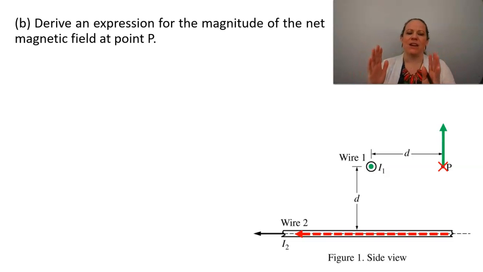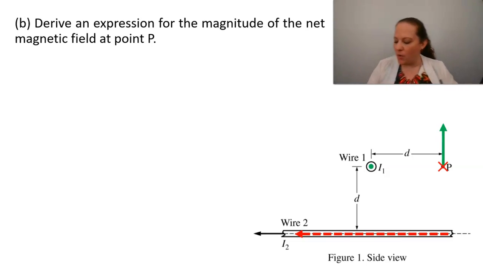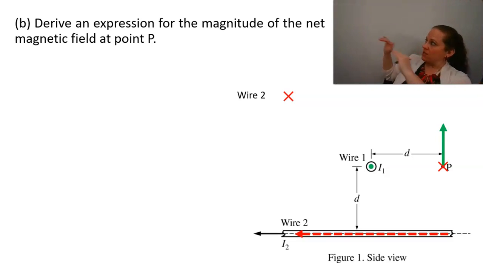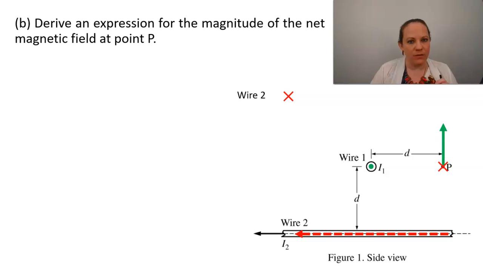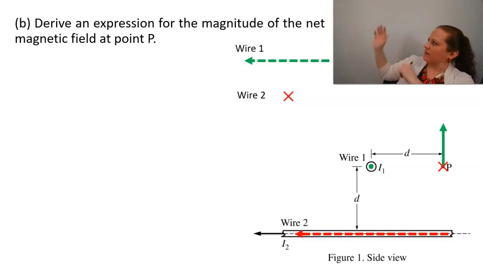So now take this diagram, and we are going to rotate our view so that we can see point P close to us, wire 1 in the background, and wire 2 below. So we would see wire 2 pointing into the page if we were in that perspective. And wire 1 we would see flowing to our left if we're in this perspective.